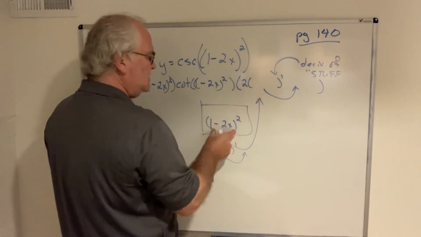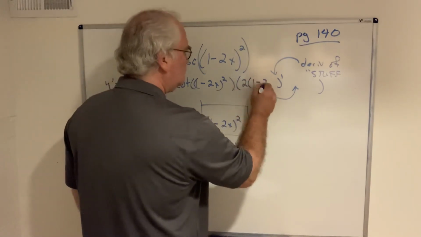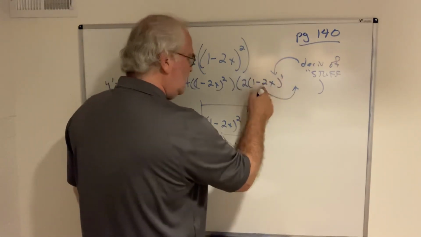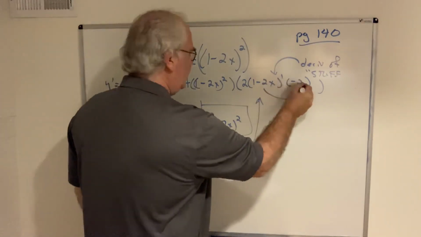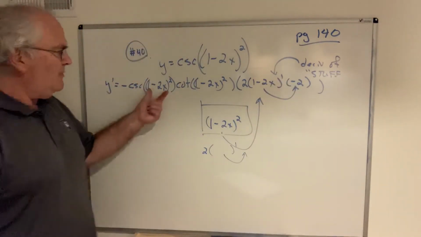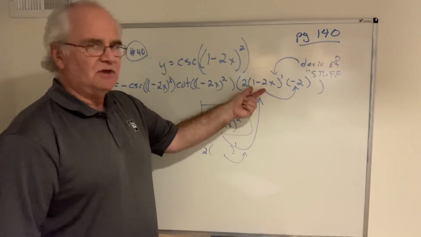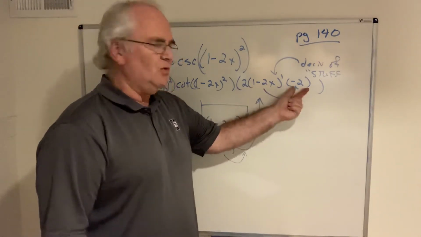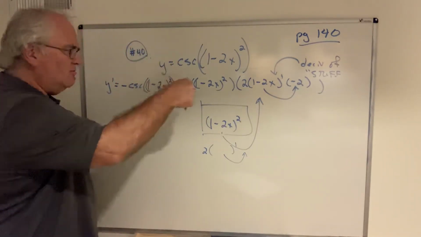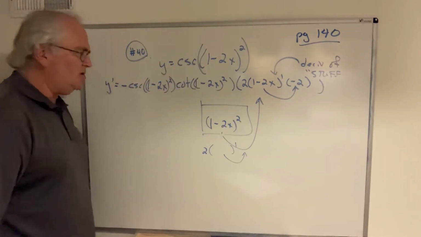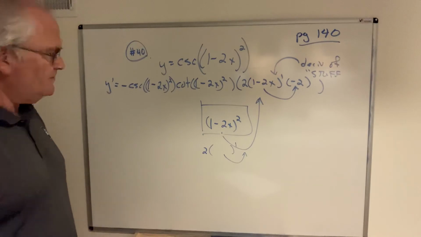So 2 times copy paste to the first power times the derivative of that, which is negative 2. And you see why this is called the chain rule, because you continue to multiply times the derivative of the inside, times the derivative of the inside, adding links to the chain as far as you would go.